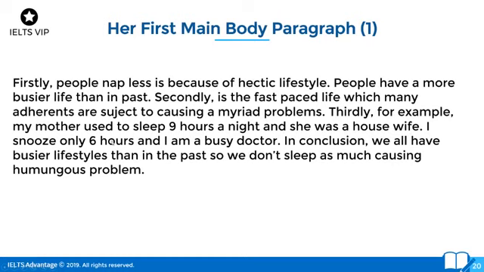I snooze only 6 hours and I am a busy doctor." So thirdly, that's showing that like there's a third idea, but this is an example. So it's difficult to understand what she is doing and where she's going because the discourse markers don't really help.